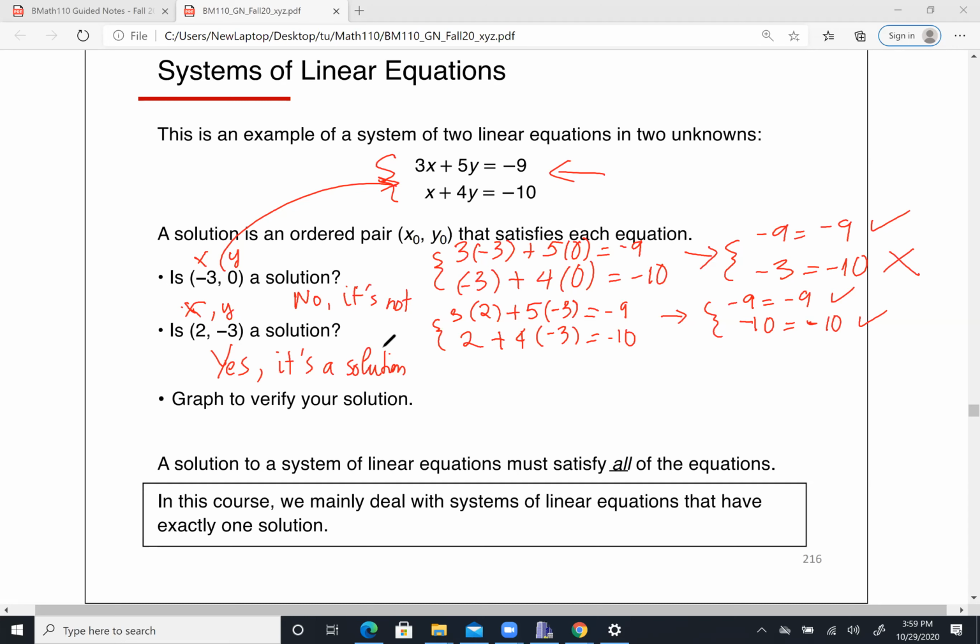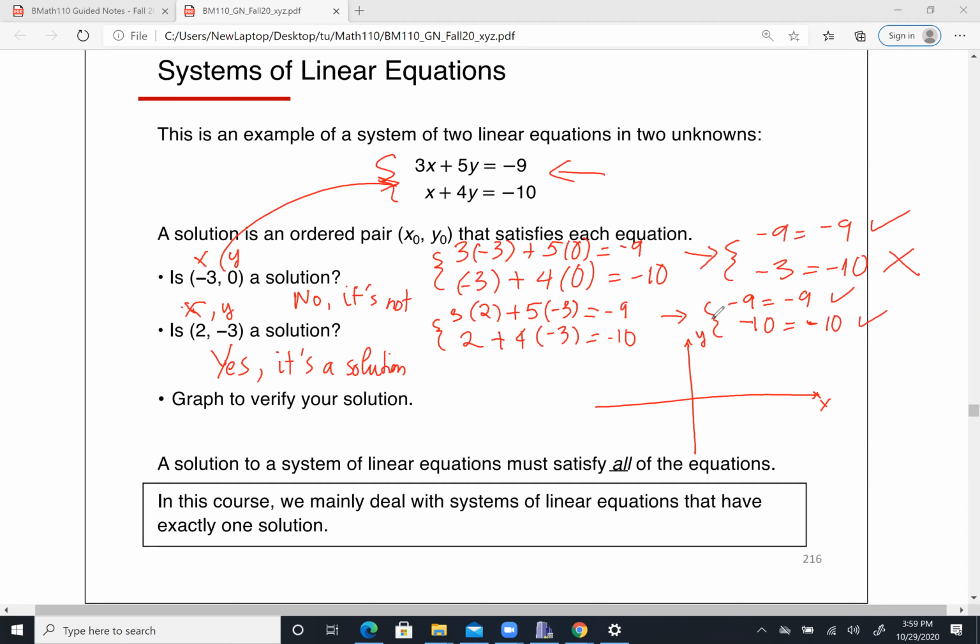Okay, if you want to graph it, you can start with the rectangular coordinate system, with x and y.